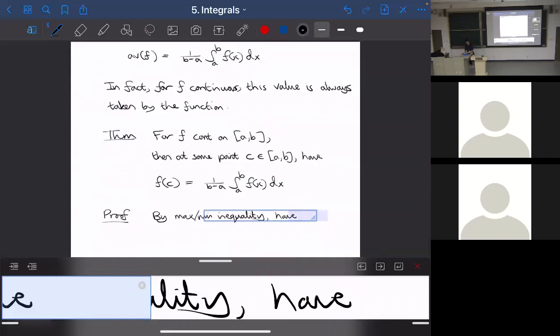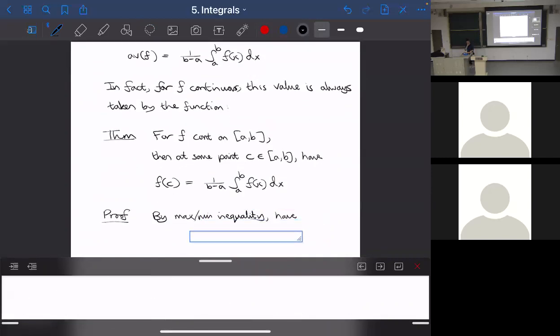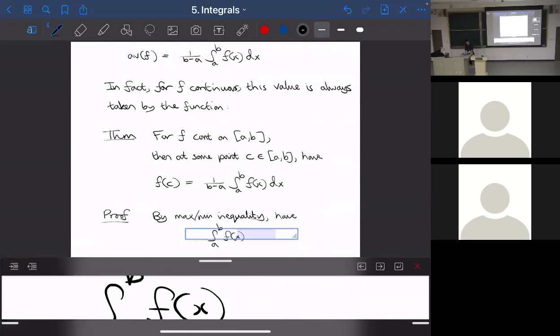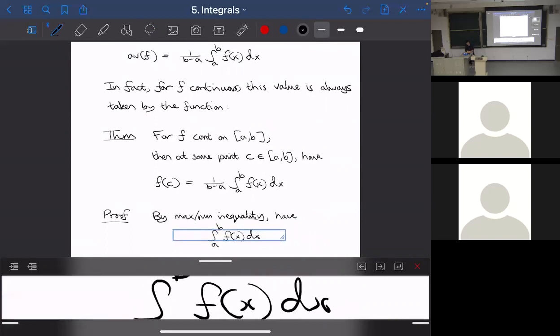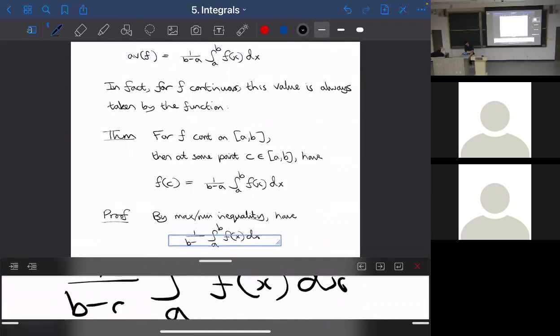So remember, this was saying that the integral from a to b of f(x) dx was larger than something and smaller than something else. And those somethings both had a factor b minus a.